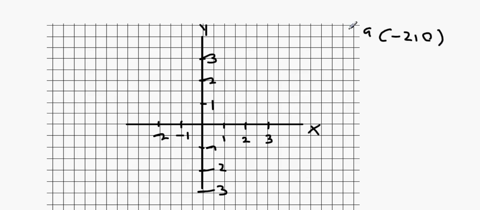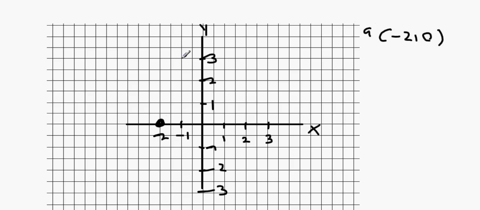So say that's minus 1, minus 2, and this is 1, 2, 3, minus 1, minus 2, minus 3. This is the x-axis, this is the y-axis. What we know about A is minus 2, 0, so this is the point minus 2, 0 here.